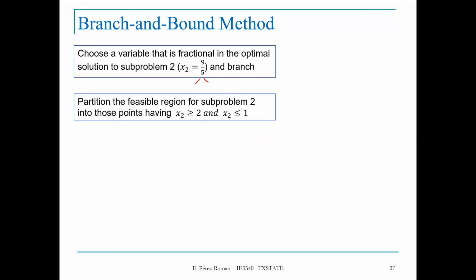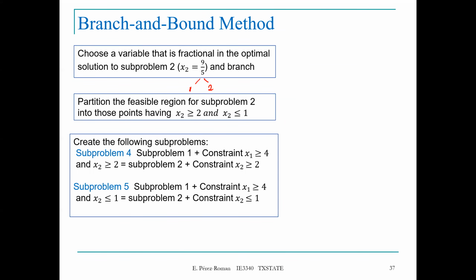What are the 2 integer values that are closest to this value? 1 and 2. So we are going to add those constraints to our subproblem: x2 less than or equal to 1 and x2 greater or equal to 2, which will create 2 new subproblems.